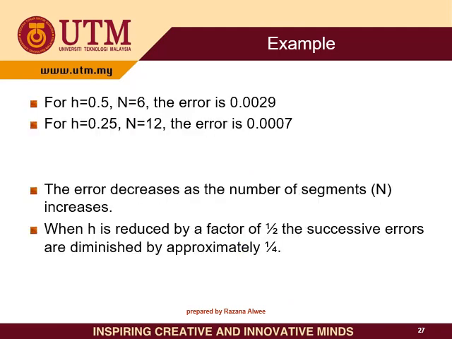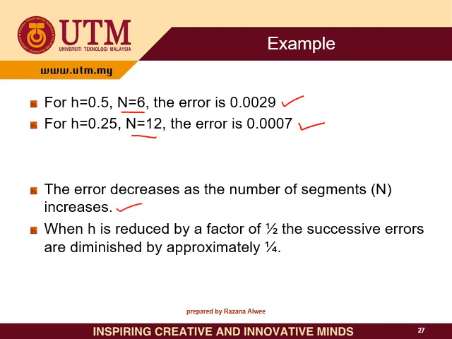Okay. And then if you can see, for h 0.5, n is 6. And for h 0.25, n is 12. The error is 0.029 for h 0.5, and for h 0.25, the error is 0.007 if you subtract the exact value that we have stated before. So as you can see, the error decreases as the number of segments n increases.